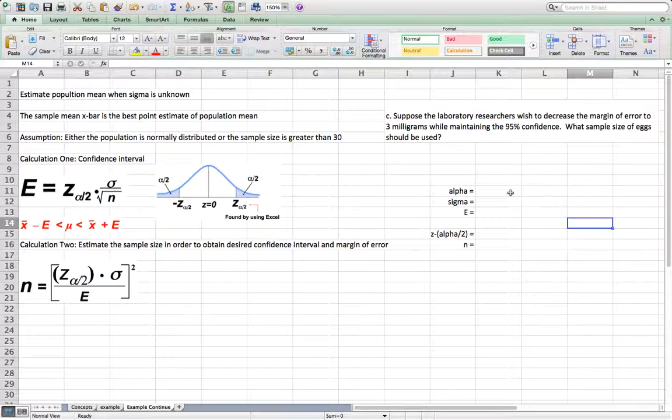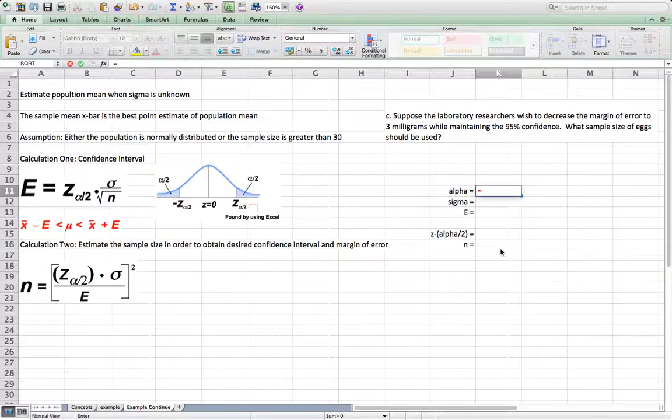Last example. Suppose the laboratory researchers wish to decrease the margin of error to 3 milligrams while maintaining the 95% confidence. What sample size of eggs should be used? This time we need to estimate the sample size. For this case, we still type in what we know first.